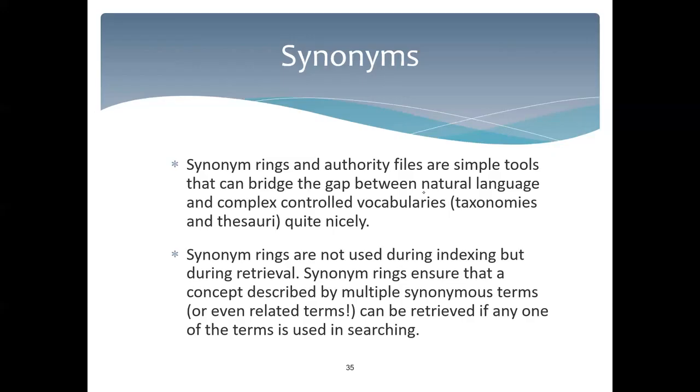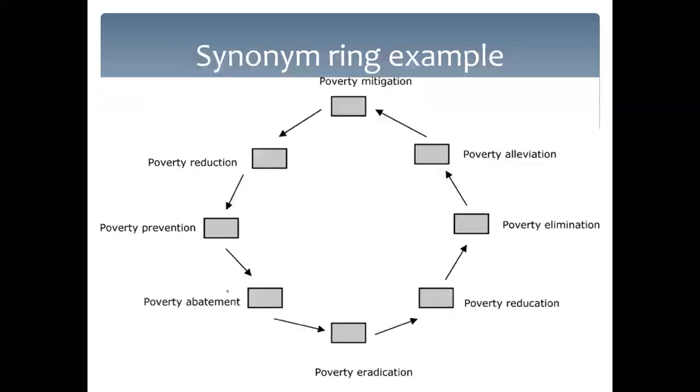Synonym rings themselves are used in the retrieval process. So when someone's searching, the system kind of tries to pull things together in different ways. And synonym rings are meant to ensure that the concept described by multiple synonymous terms or related terms can be retrieved if you're using any of those terms. So any of these terms, if you're searching for poverty elimination, you would also find things and be provided things about poverty prevention.